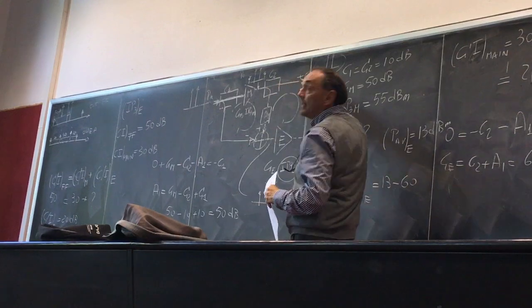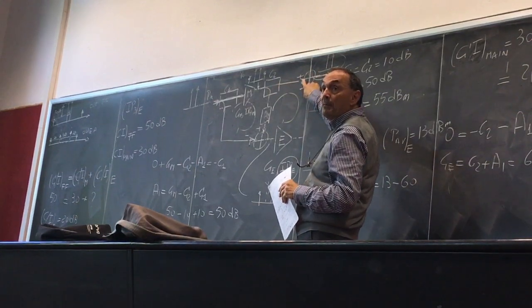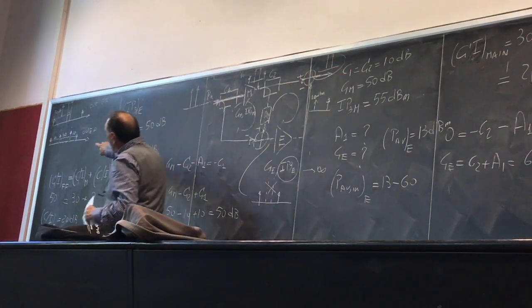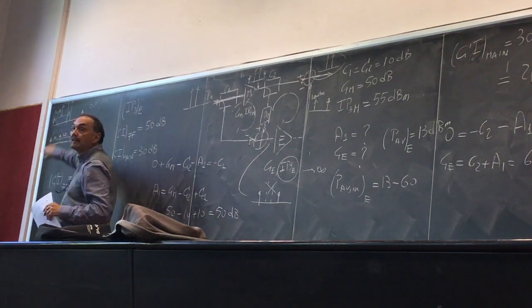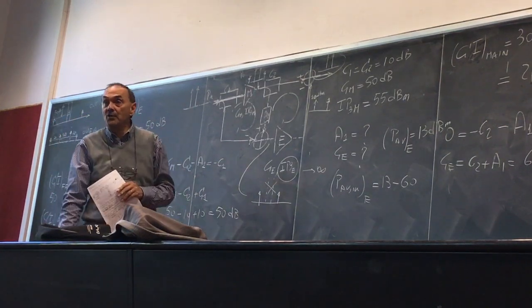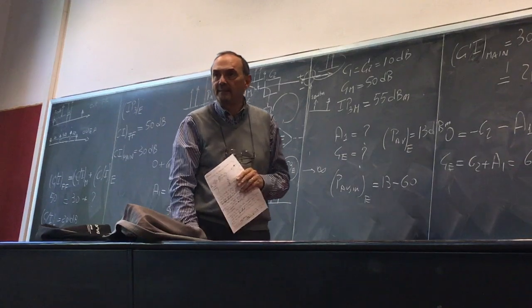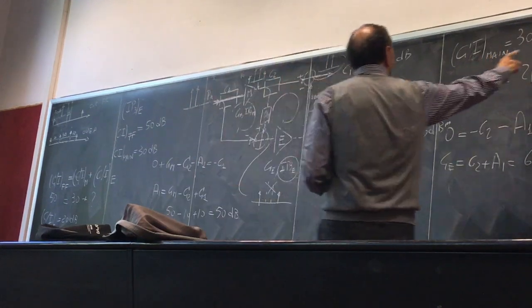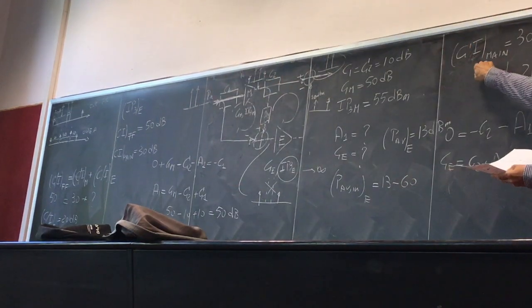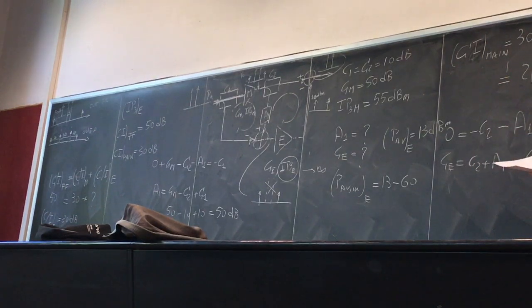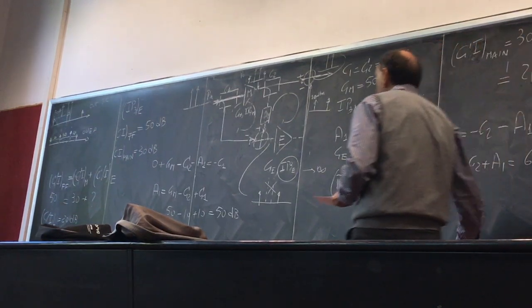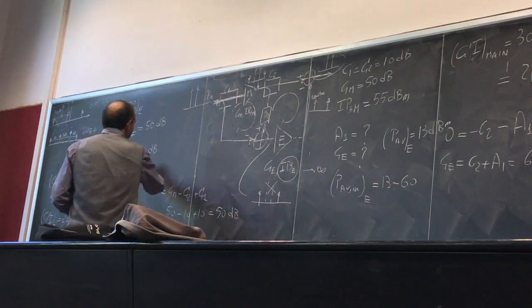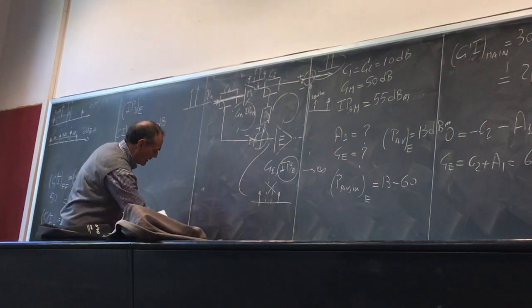Then the power in each line here is just the power of intermodulation of the main amplifier. Okay? So we know this. We know carrier to intermodulation, and we can derive the IP3 of the error amplifier.